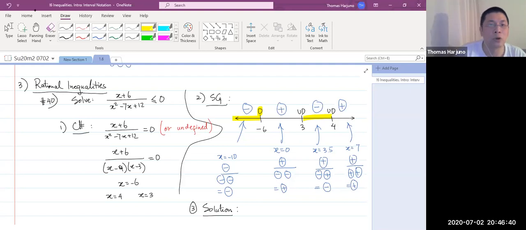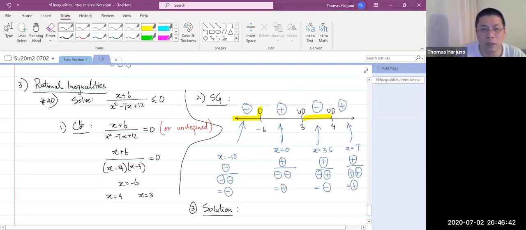Now, the solution will be the negative parts of those intervals: negative infinity up to negative 6, including negative 6, because negative 6 gives me the 0, union 3, 4. I don't include 3, I don't include 4, because 3 gives me undefined, 4 gives me undefined.